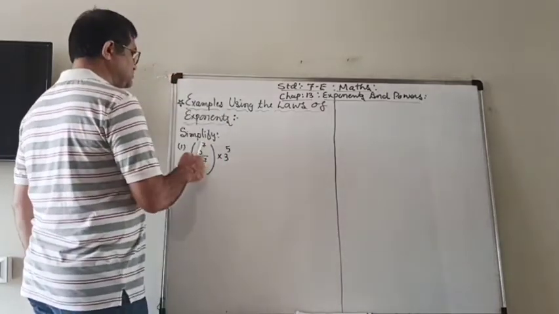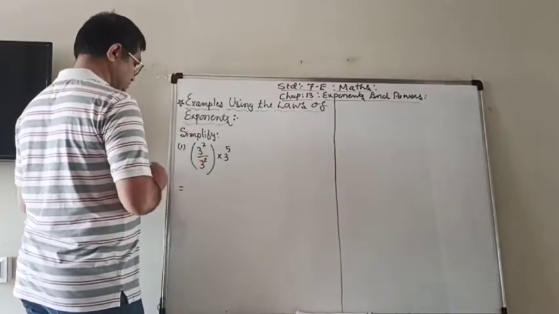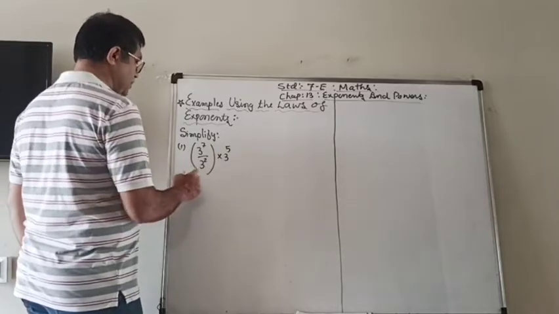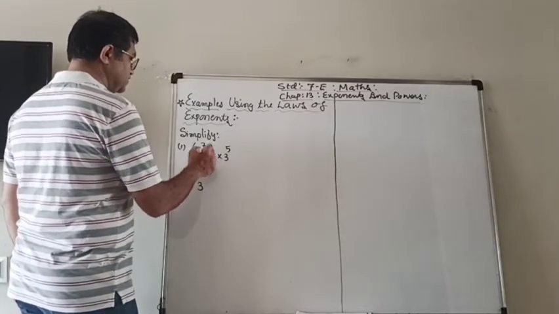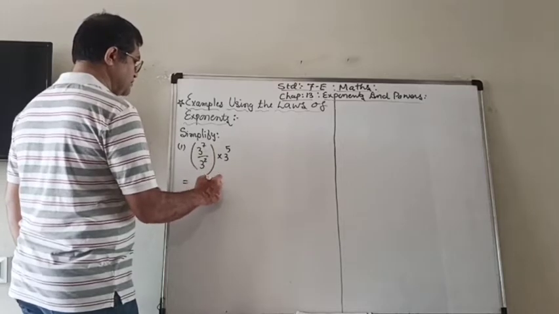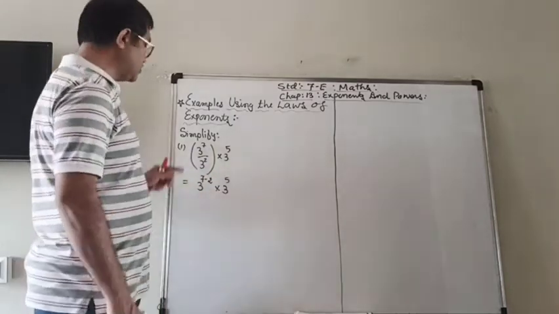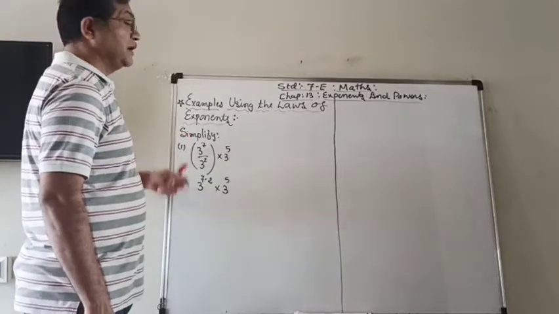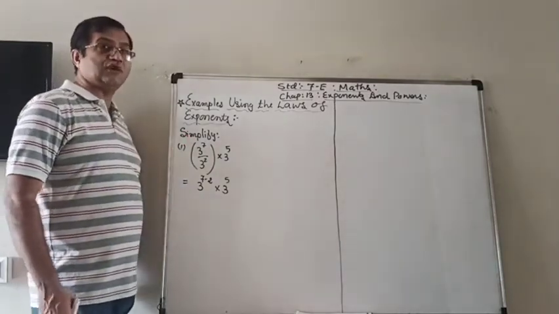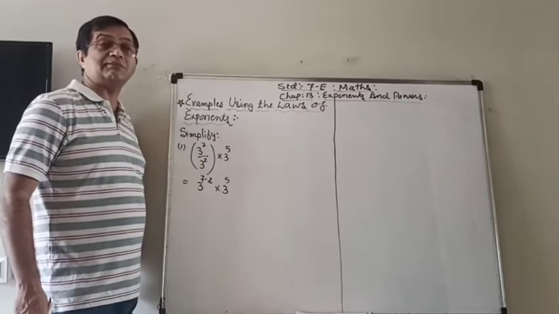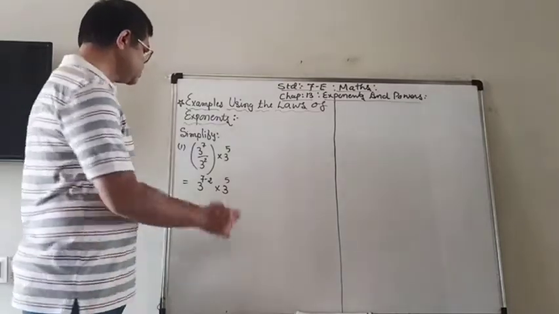So now here division is minus, so we have to apply the second law. 3 raised to 7 minus 2 multiplied by 3 raised to 5, because the bases are equal and it is a division, so we have to subtract the powers keeping the same base.